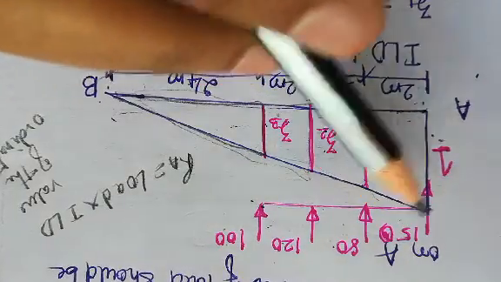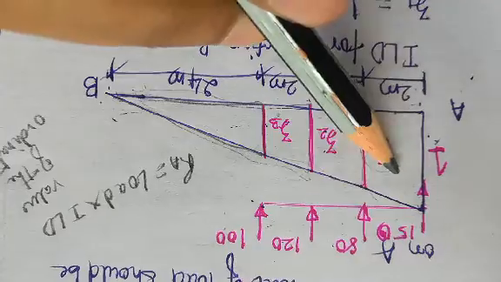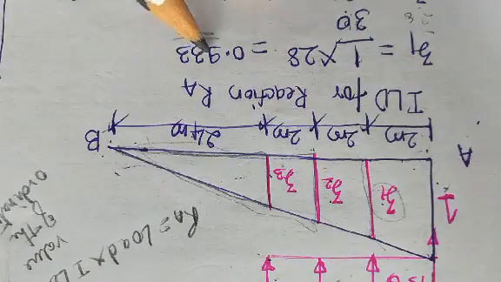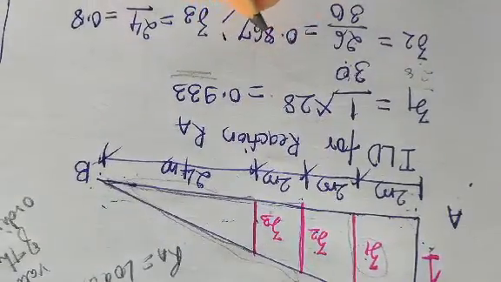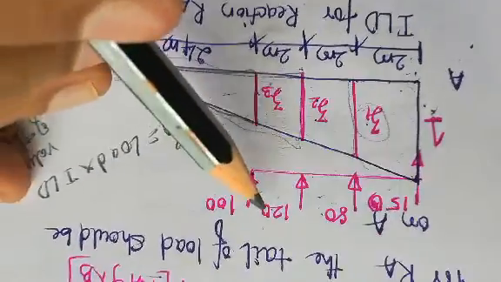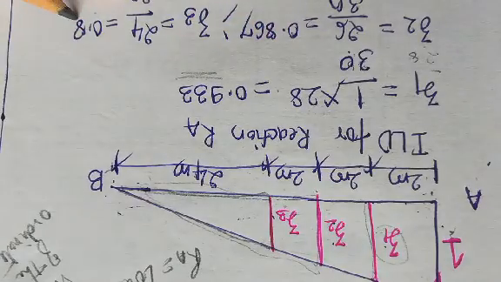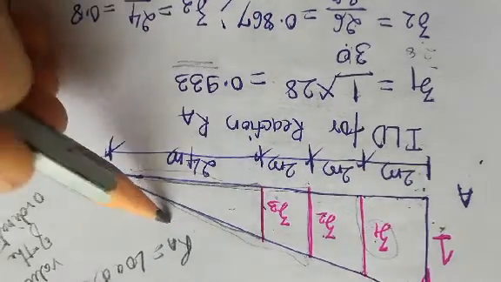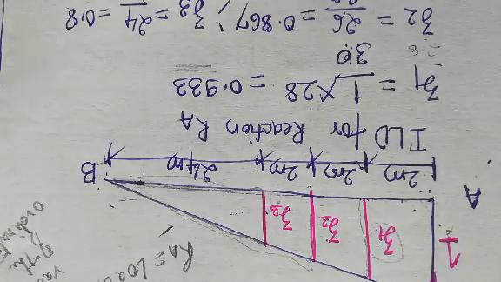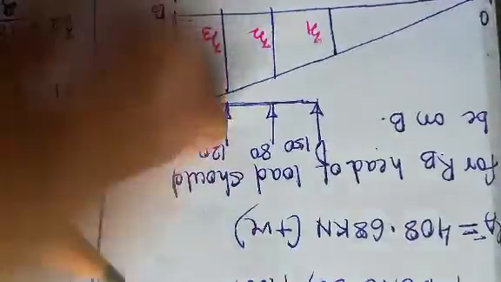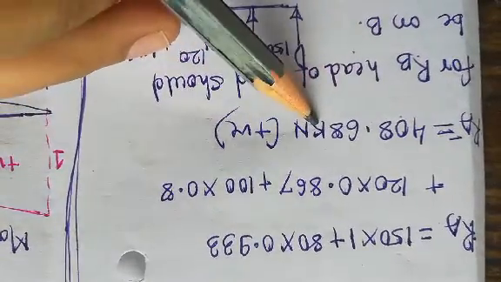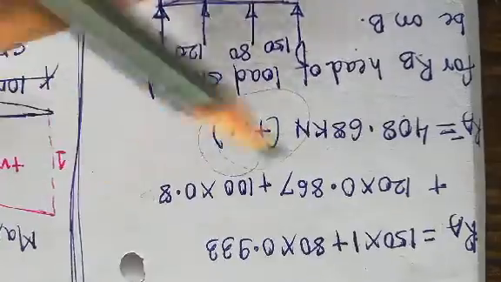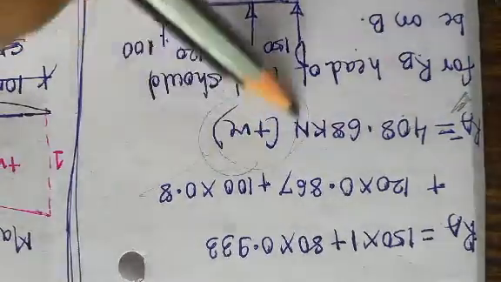That is 150 into 1 plus 80 into 0.933 plus 120 into 0.867 plus 100 into 0.8. This is how we calculate the reaction RA, and RA will be 408.67, which is positive because we know the RA reaction is positive.